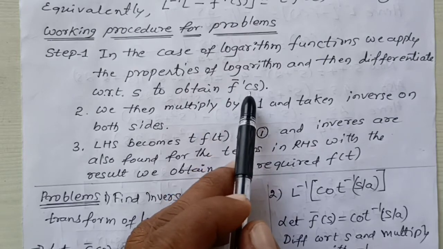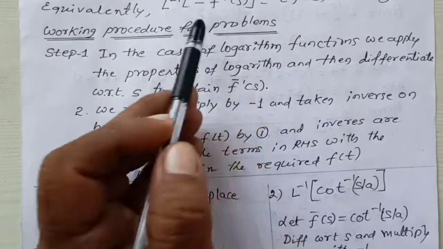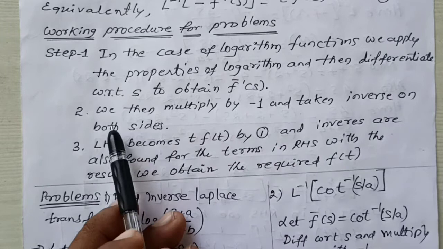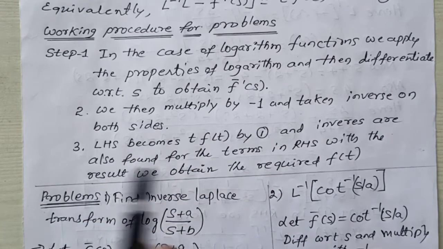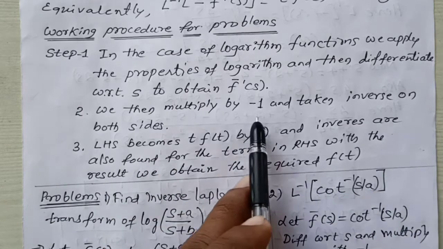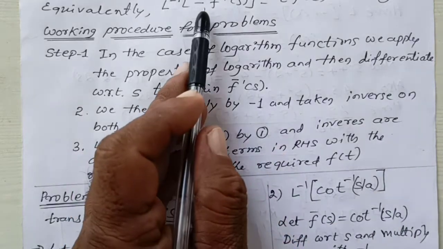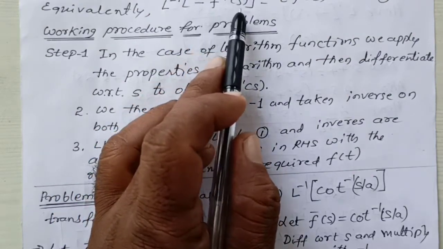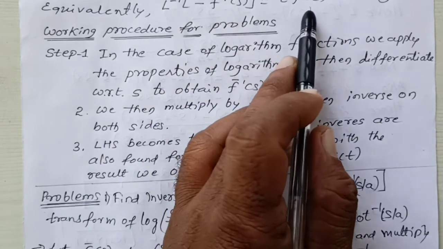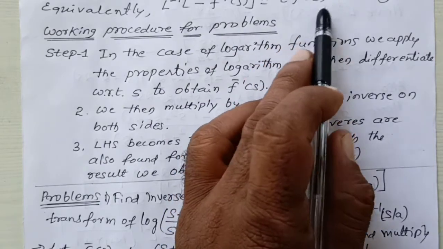Then differentiate with respect to s to obtain f dash bar s. Here f dash bar s means differentiation. Next step, we multiply by minus 1 and take the inverse on both sides. Why are we multiplying? Because we have to get the minus symbol, so minus of f dash bar s gives t of f of t. That means finally we have to calculate f of t.